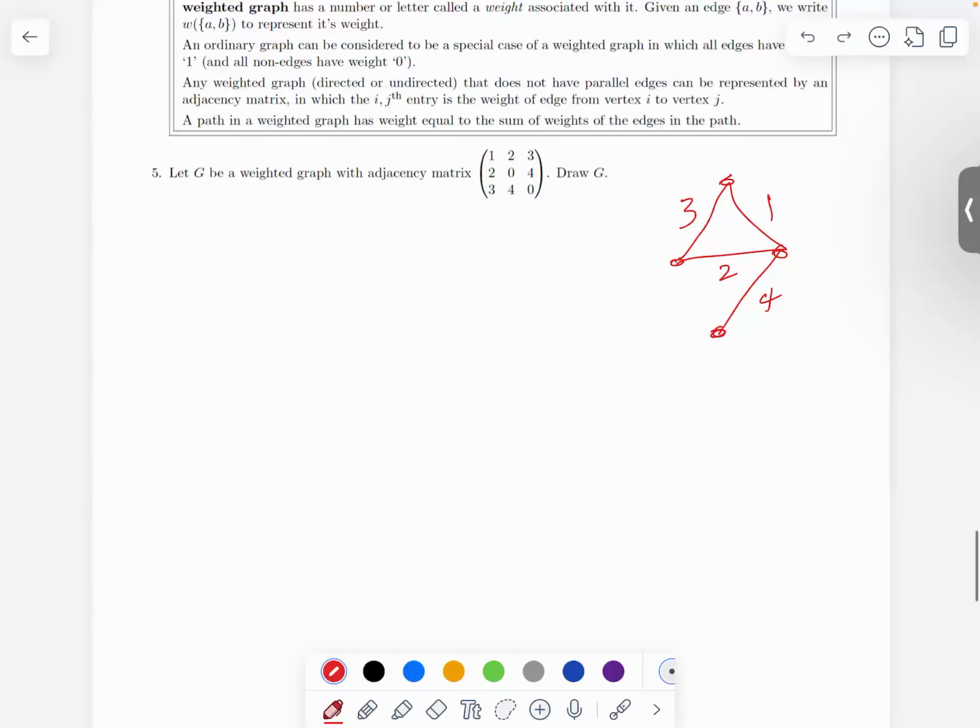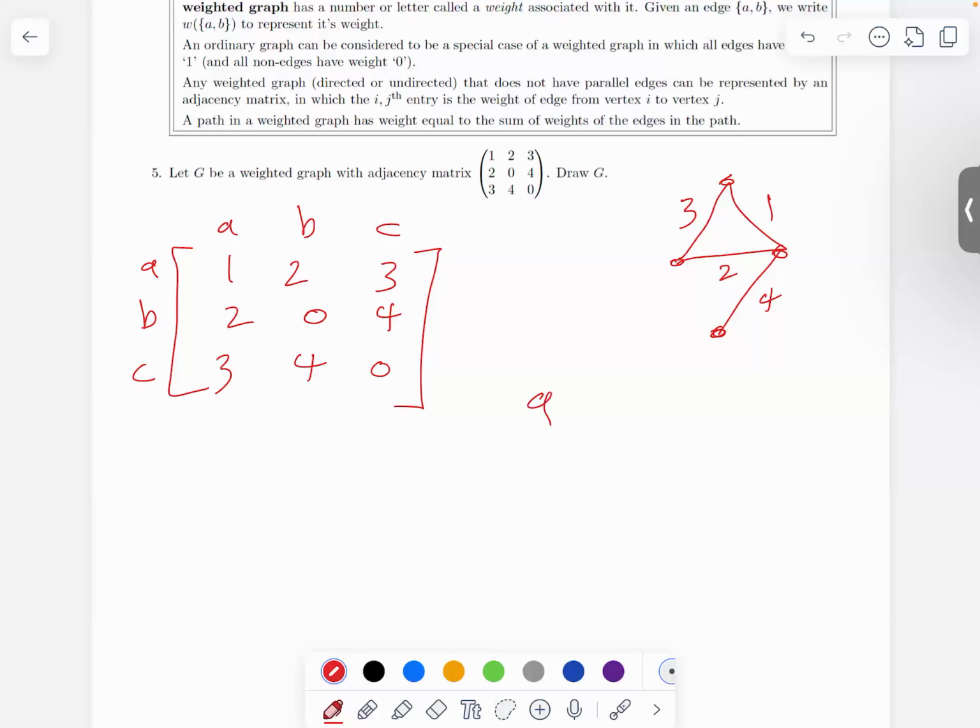So here, let's say this is A, B, C by A, B, C: 1, 2, 3, 2, 0, 4, 3, 4, 0.